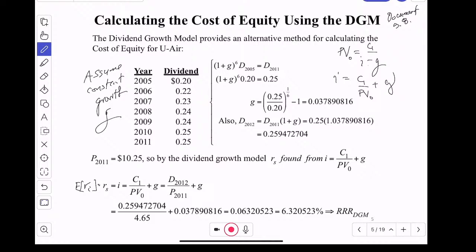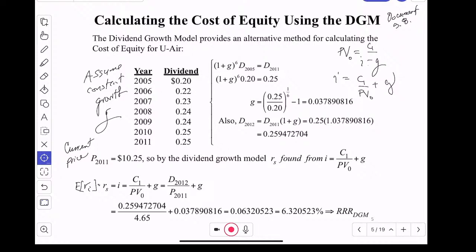If the price is currently $10.25, we need to find the next period's dividend and G. To get next period's dividend, we need G. So everything depends on G. To get G, we sort of cheat and we say, well, 6 periods of growth.